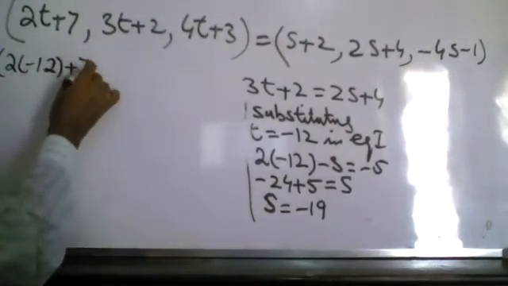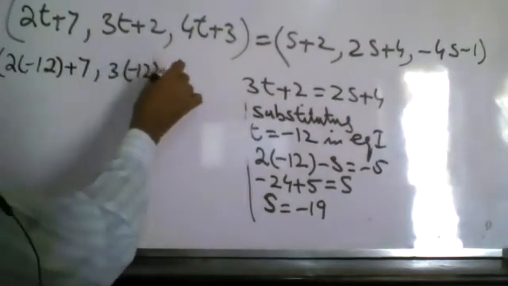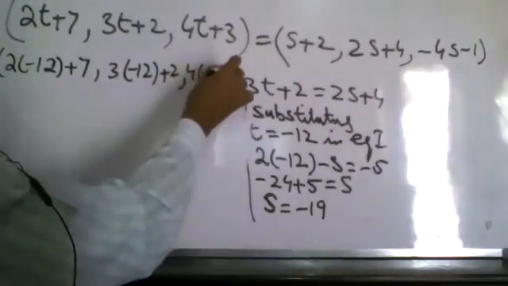Substituting minus 12, it will become 2 into minus 12 plus 7, comma 3 into minus 12 plus 2, and 4 into minus 12 plus 3.